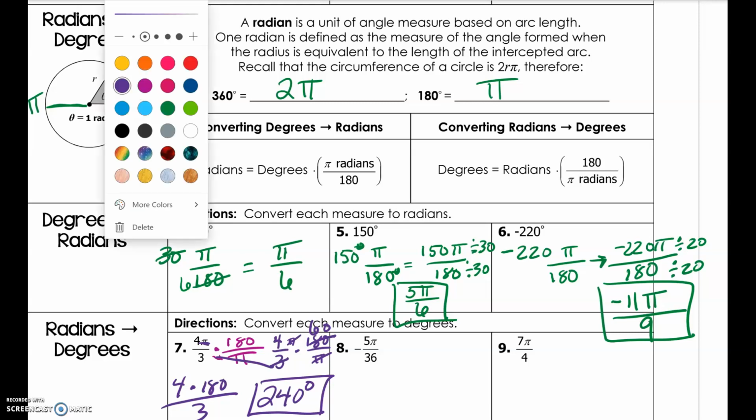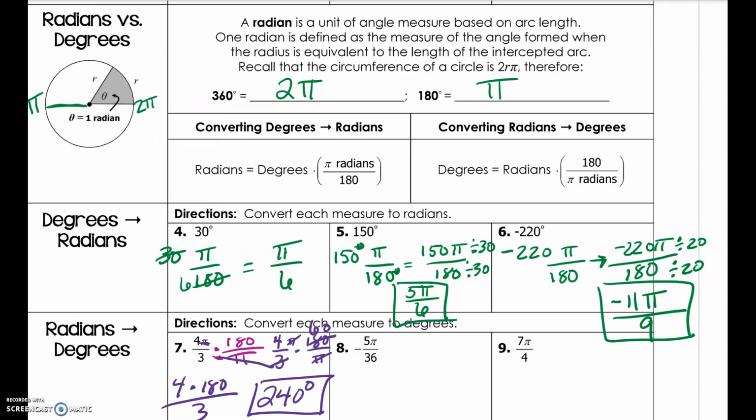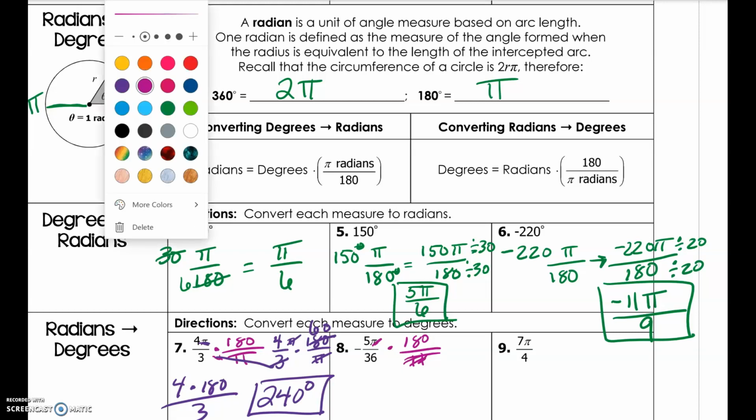Next, let's go back to the indigo. And so here we are. We're going to multiply times 180 over pi. Our pi's go away. 36 will go into 180. Let's see if it divides evenly. I'm looking at a calculator now.